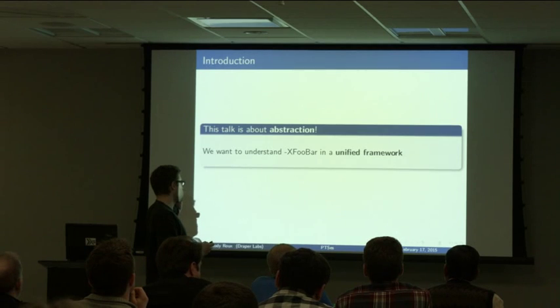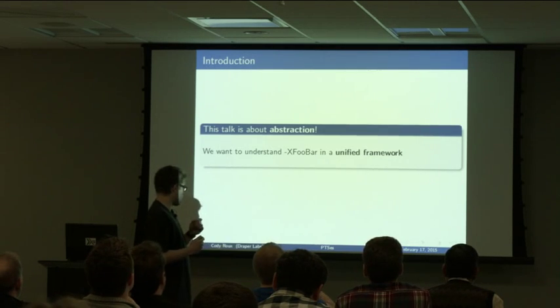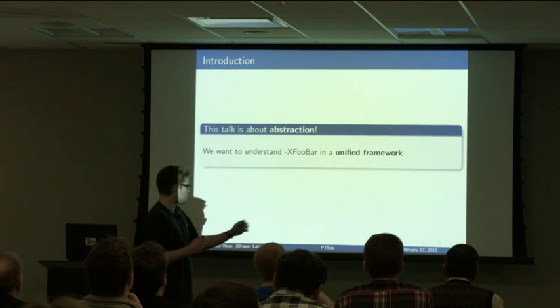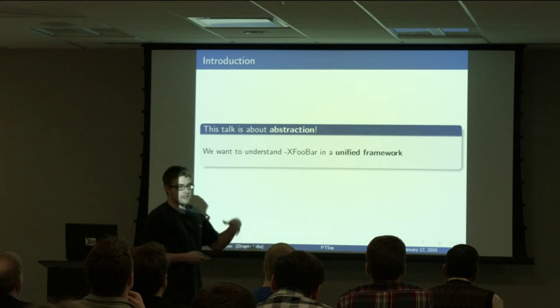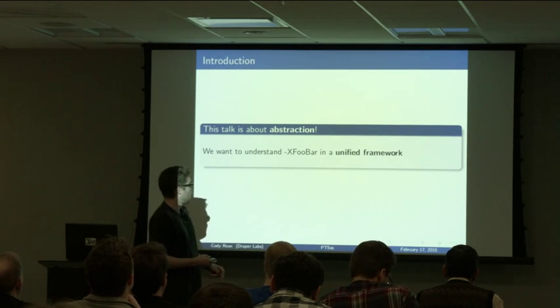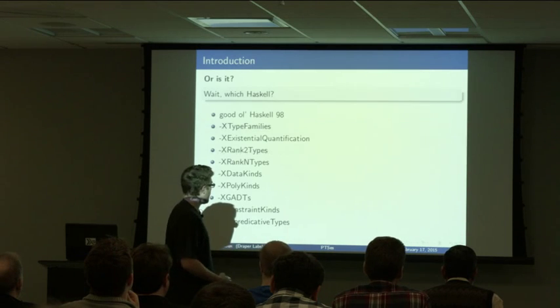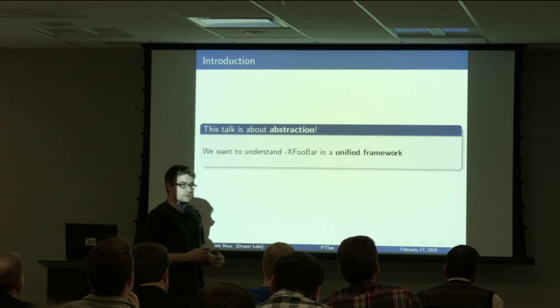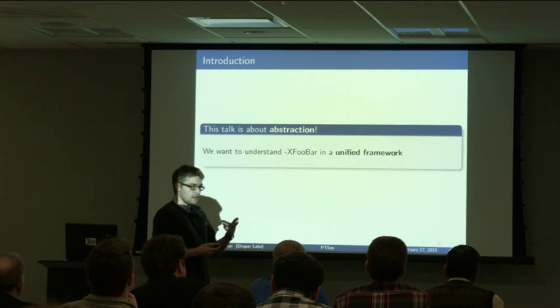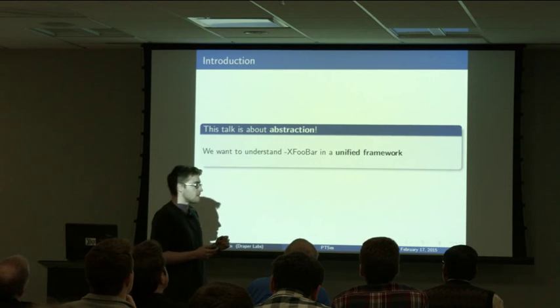So in a way, my talk is an advertisement for a framework called Pure Type Systems, which is a way to understand all these crazy extensions in a single framework. Okay, so instead of understanding 8 crazy things, you only have to understand 1 crazy thing, which is an improvement. It's actually quite small.